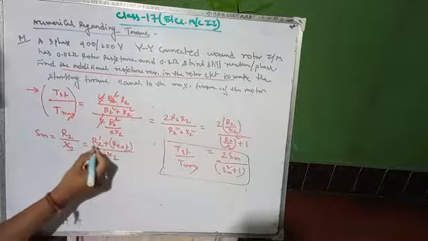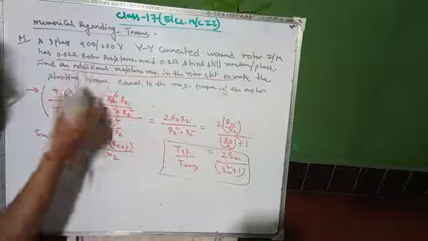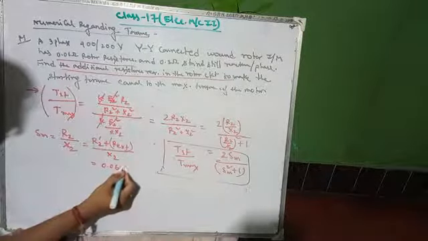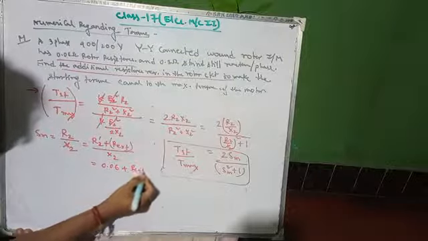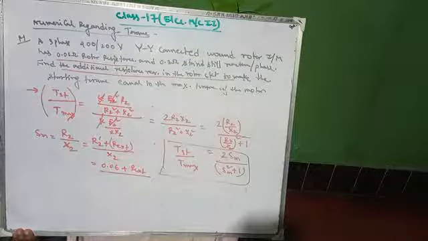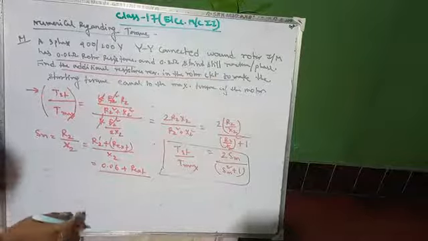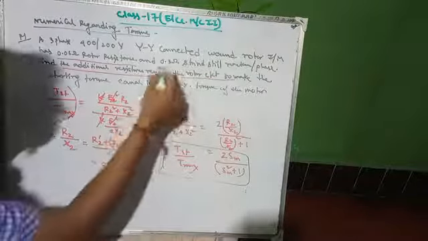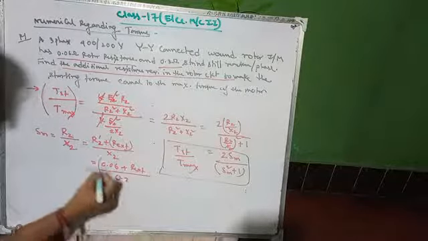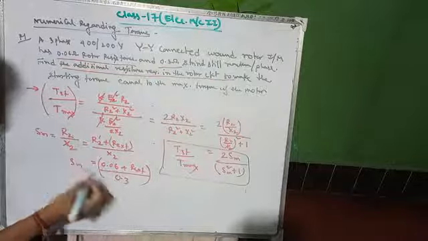Right? So R2 equals the rotor resistance 0.06 per phase, that is 0.06 plus Rext, which you have to find, divided by X2. What is the value of X2? X2 equals 0.3, right? So this is your Sm.